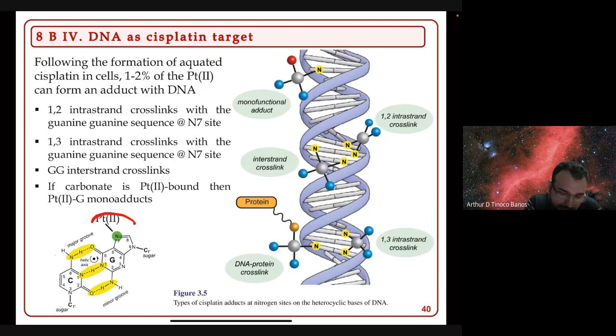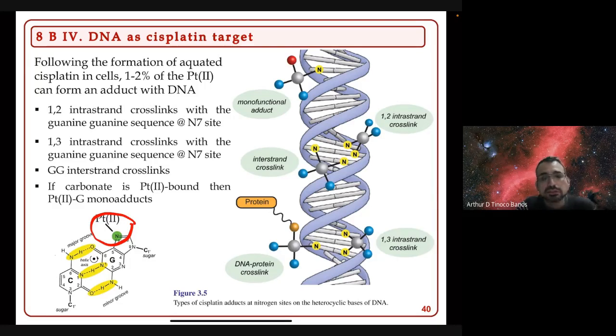We're focusing on the nitrogen 7 of the base of this molecule that has the capacity to interact with the platinum. Now, for whatever reason, similar sites in the other bases don't have as much capacity to bind with the platinum. That is not entirely clear to me. But nonetheless, the platinum is able to interact at this particular site of the base.